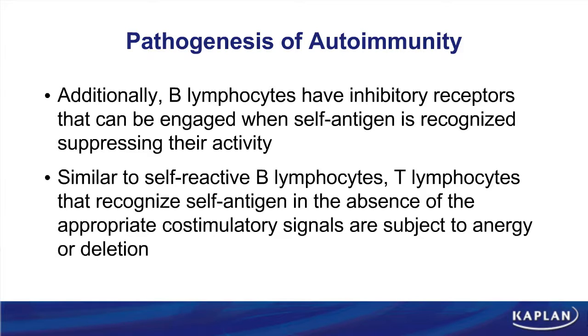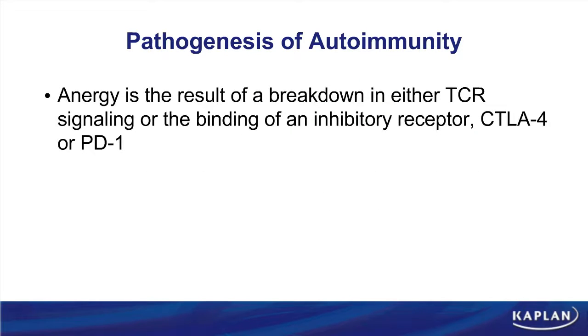T cells, very similar to what we talked about with B cells, that recognize self-antigen in the absence of co-stimulatory signals can also be turned off or deleted in the periphery. So with T cells, anergy is the result of a breakdown in the T cell receptor signaling itself, perhaps not receiving the right co-stimulatory signals, or the binding of inhibitory receptors.